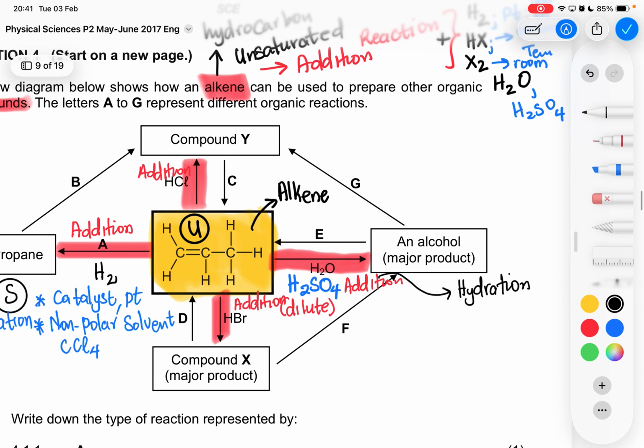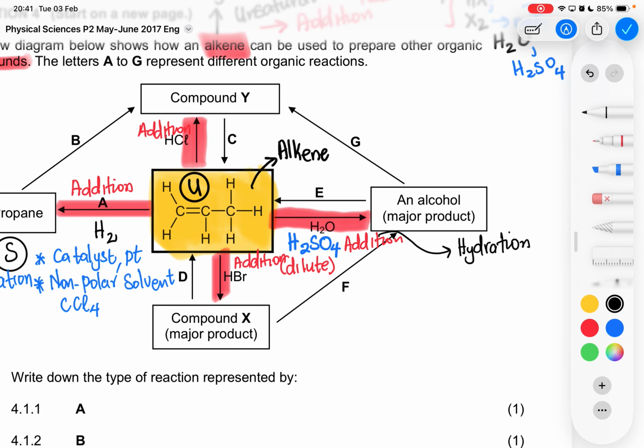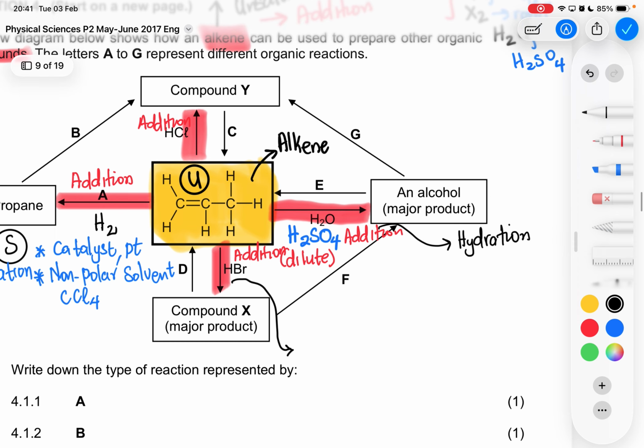But also, I'm going to start asking you to give inputs on this. What kind of addition reaction is this one, where HBr is added? Let's hear your input on this one.